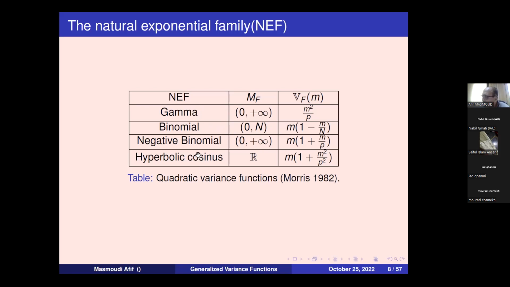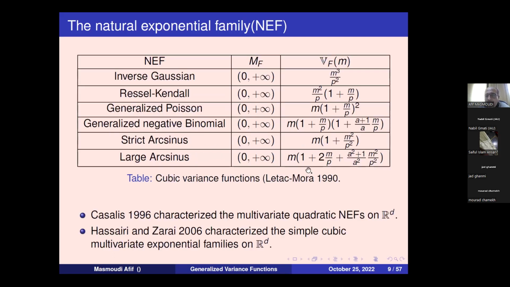So up to affinity and convolution product, there are the Gaussian, which is constant, the Poisson, which is affine, gamma, which is given by M squared, binomial, negative binomial, and hyperbolic cosine. So we obtain 6 families.